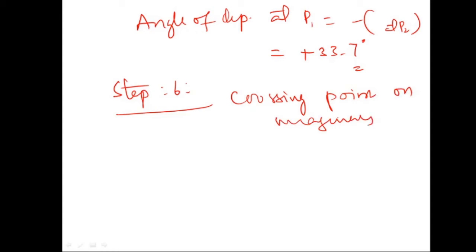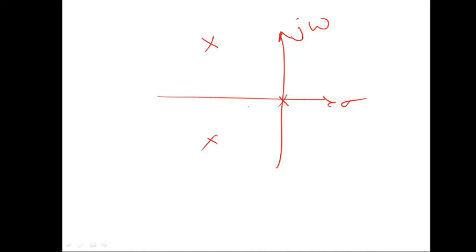If you want to complete the root locus, if you roughly draw it, it is like this. We have sigma here and j omega here. The points we found so far are the poles and the centroid, which is around 1.3, and from this we found the angle of asymptotes.